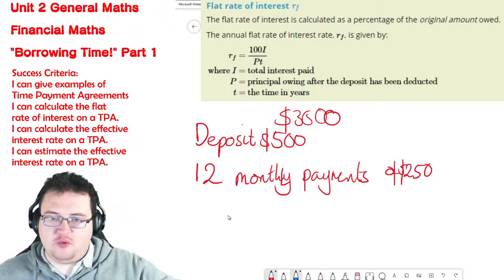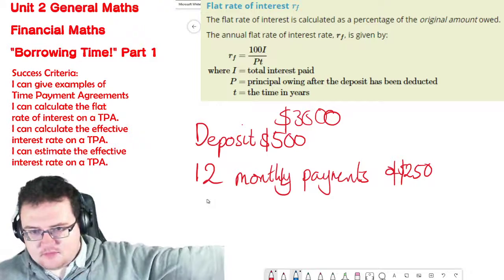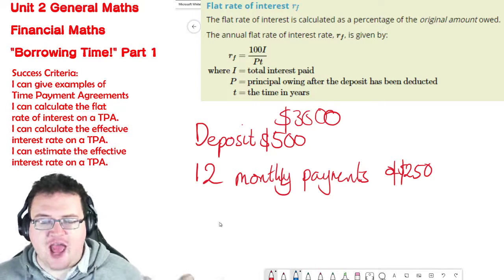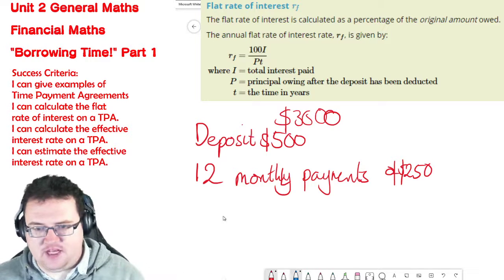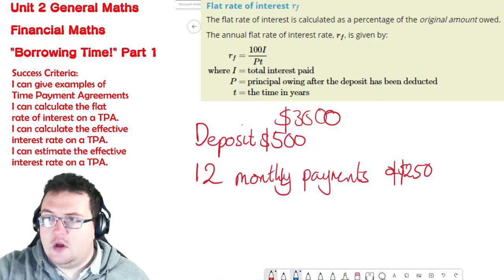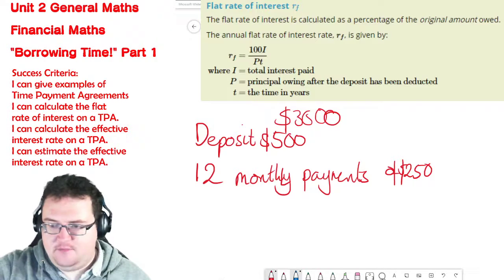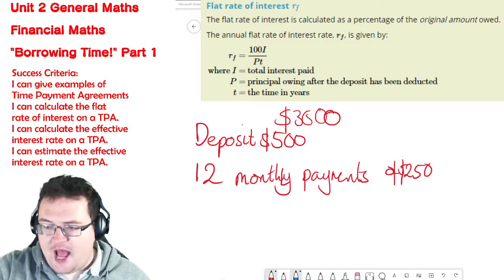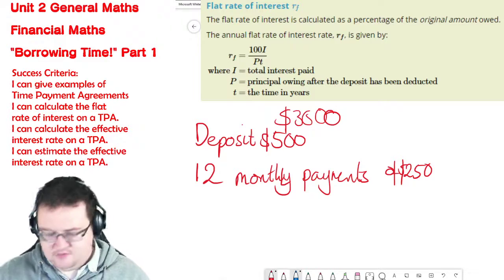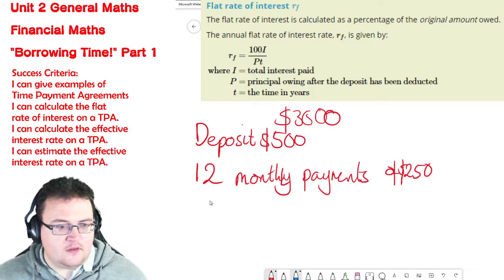I've put $500 down already. So how much am I actually borrowing off these people? I've given them $500 already. So how much money am I actually borrowing off them? 2,500. I'm borrowing 2,500.